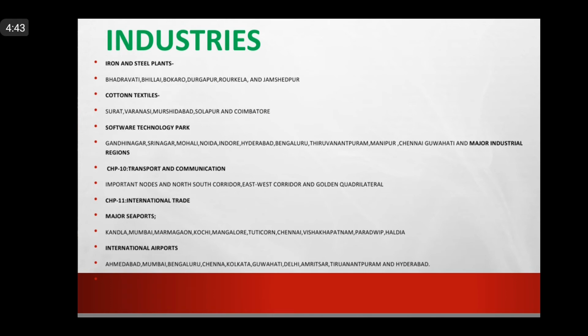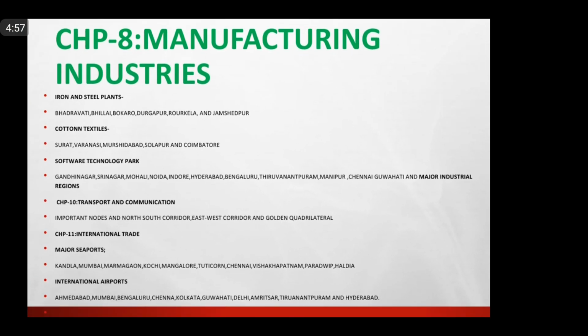And from the chapter international trade, you can also see the major seaports which you'll have to practice, and this is very important questions, international airports and major seaports. Okay, so here you will have to practice almost all chapters, like manufacturing industries, transport communication, then 11th chapter, international trade, right?